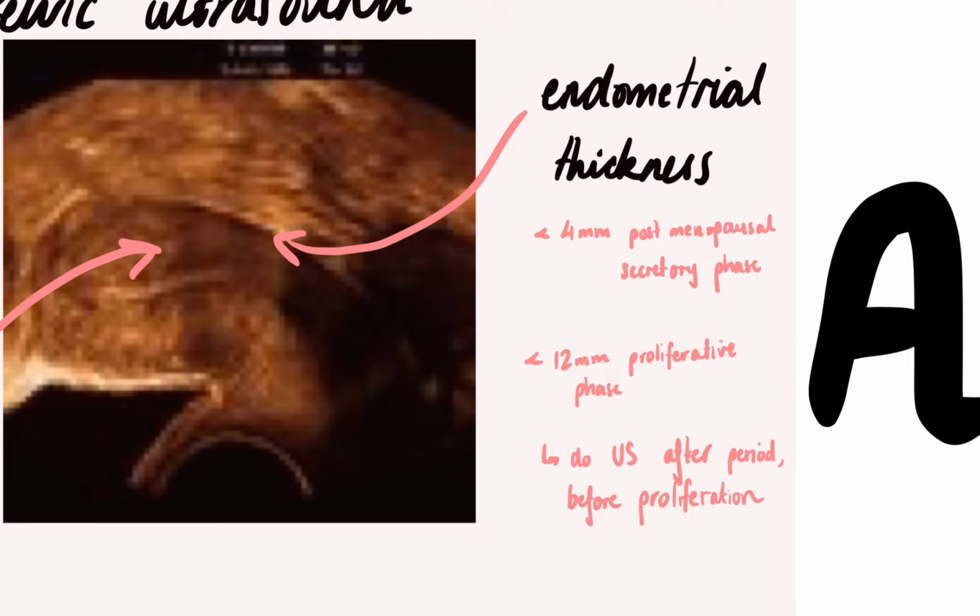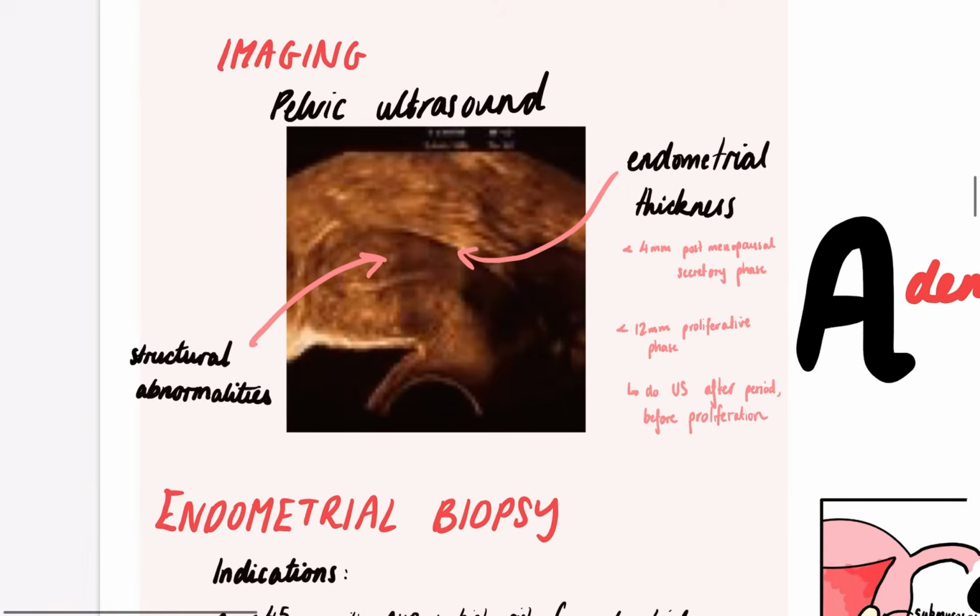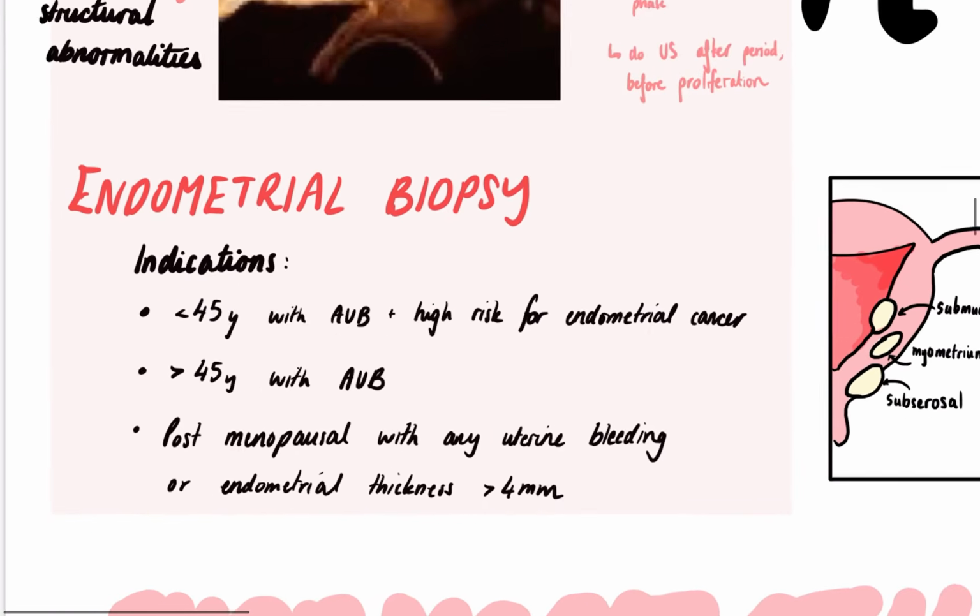So this is why it's important to note that you should do this ultrasound after a person's period, so after they've shed their endometrium, so that it doesn't seem abnormally and misleadingly thick.